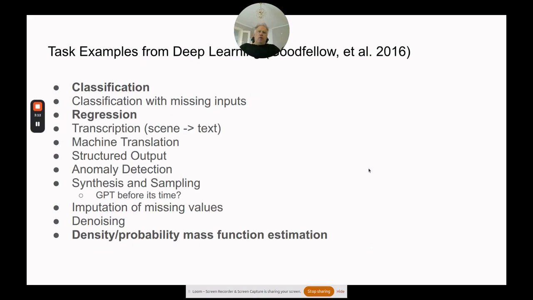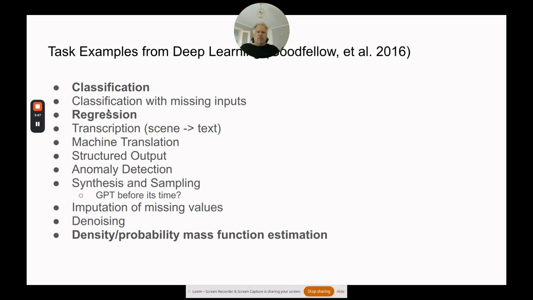More concretely, here are some types of tasks that were discussed in Goodfellow, which is the big deep learning textbook, from just prior to Transformers, so it was 2016. It's interesting to look and see. There are the ones I've already mentioned: classification, regression, and probability distribution estimation. But there are other ones.